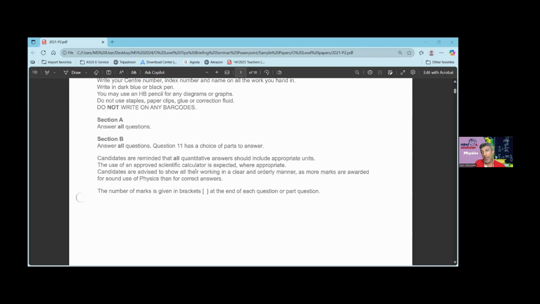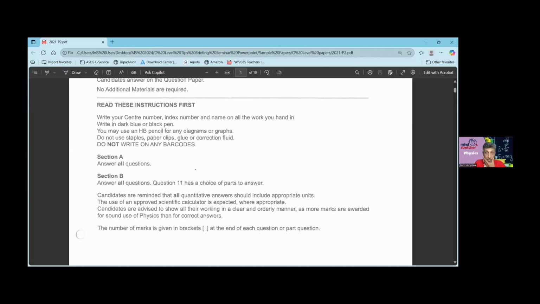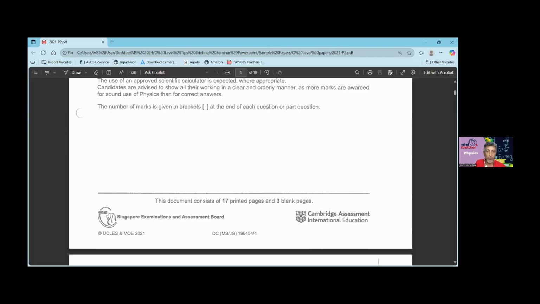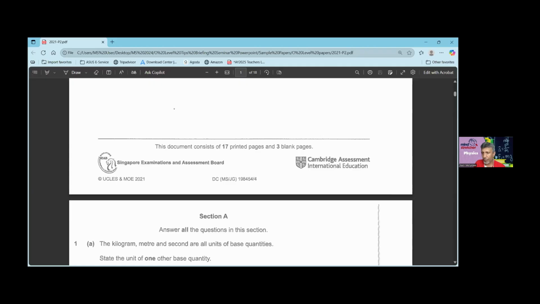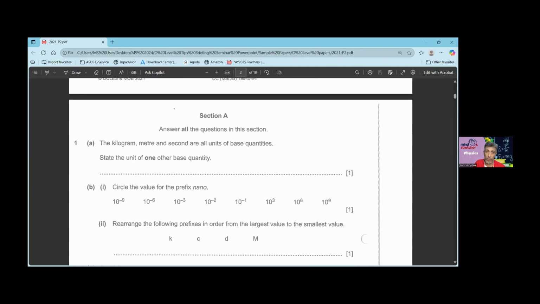Now, we try to cover as many questions as possible, and it will be good for you guys to share your answers and ask questions in the chat. Let's look at it as if all of us are doing the paper together.